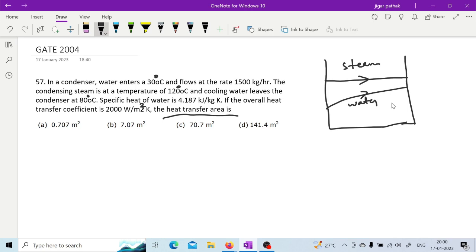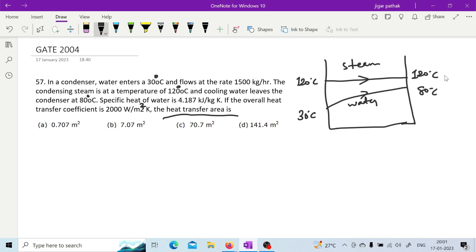So what is given is water enters at 30 degree, right, and water leaves at 80 degree, and this steam is at 120 degree centigrade, right? It will remain same as it is mentioned, right?